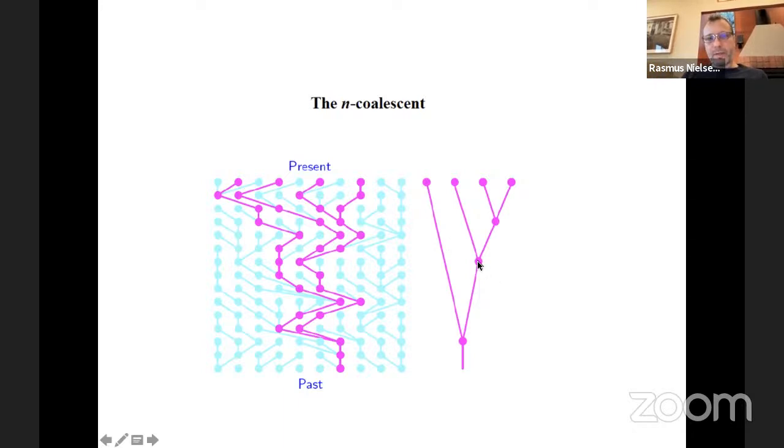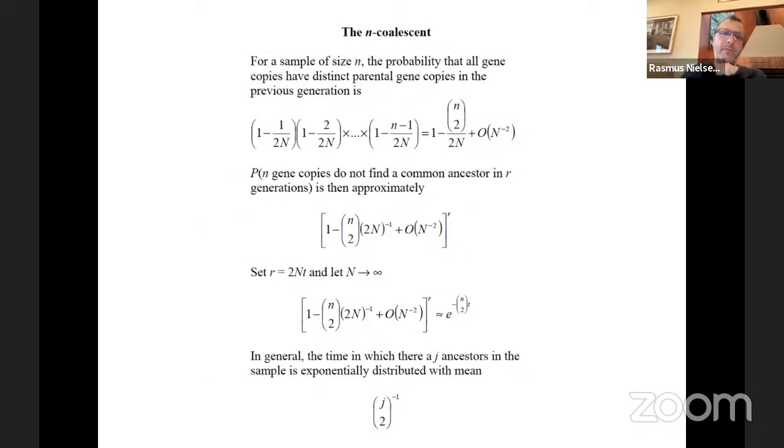The node here in the coalescence tree corresponds to this individual here. And the node down here corresponds to that individual there. So down here, we have an ancestor for all individuals in the sample, the most recent common ancestor for all of these 4 individuals.